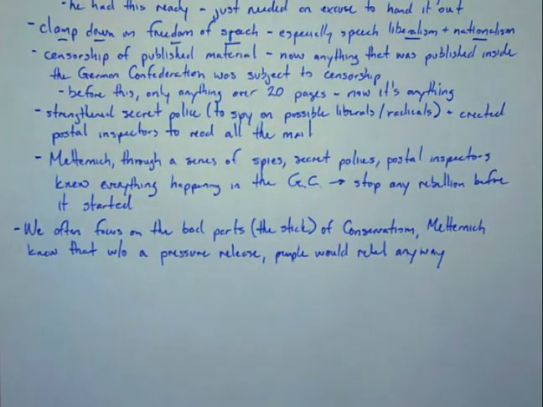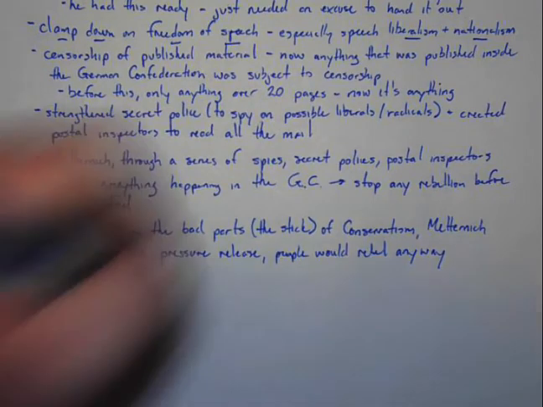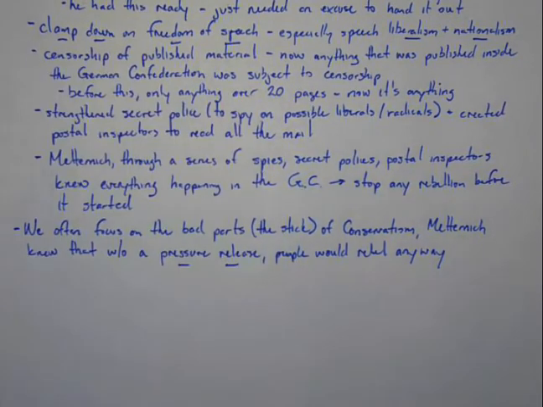No matter what he did, if he didn't offer the people some way of relieving their pressure, there would be a rebellion no matter what he did. It would happen spontaneously, which, spoiler alert, is pretty much what ends up happening. Metternich understood that unless he put in a pressure release system, the people would rebel anyway.